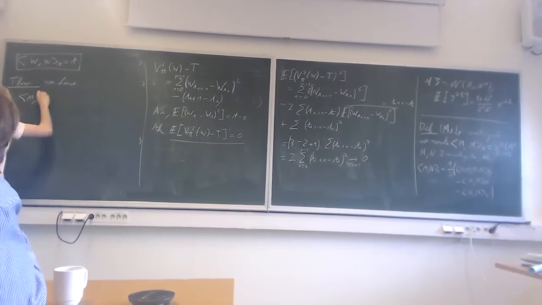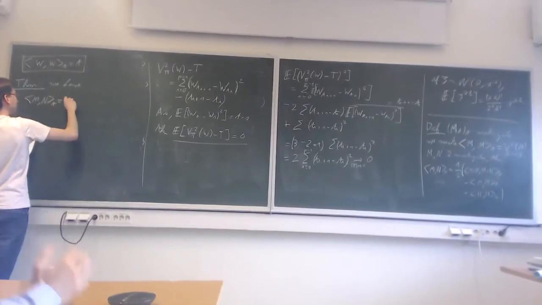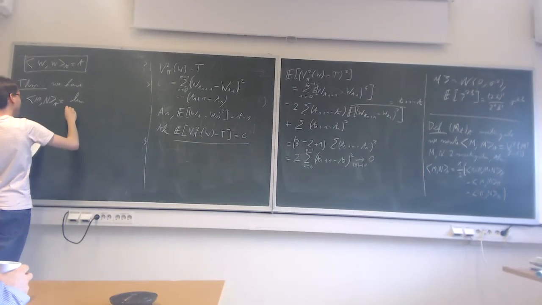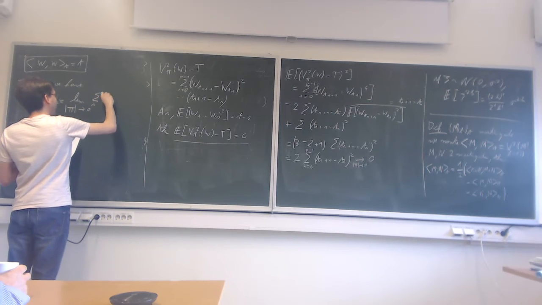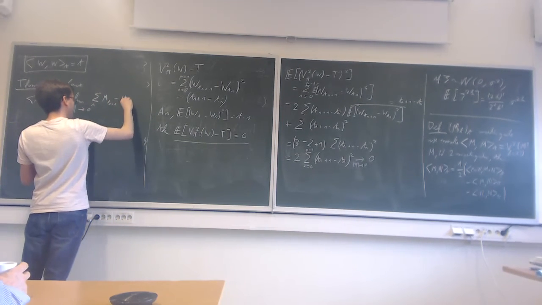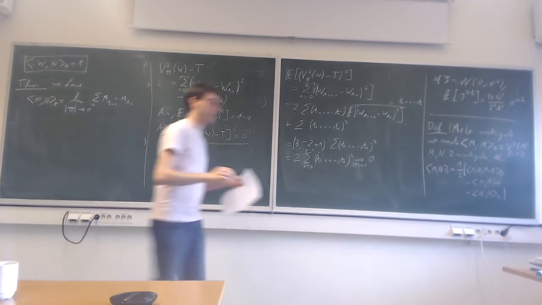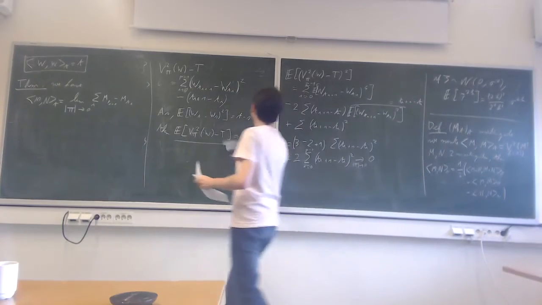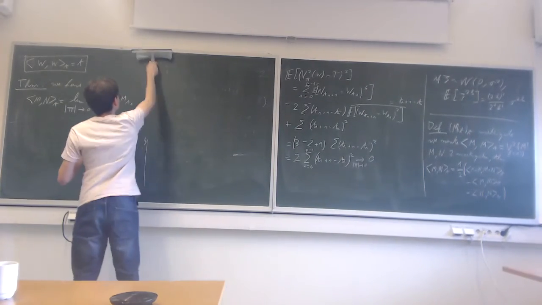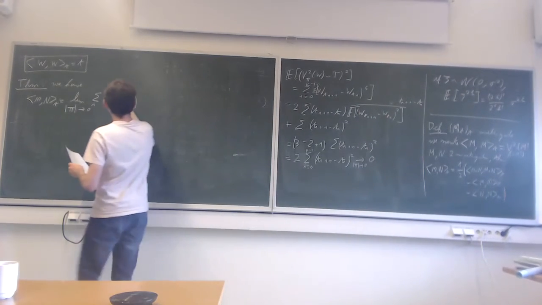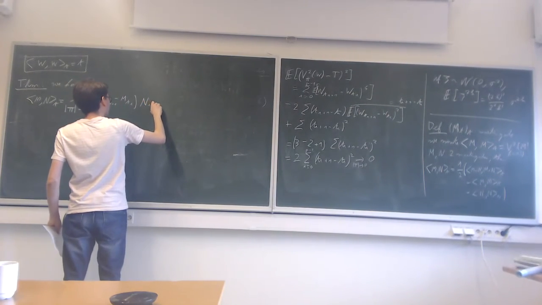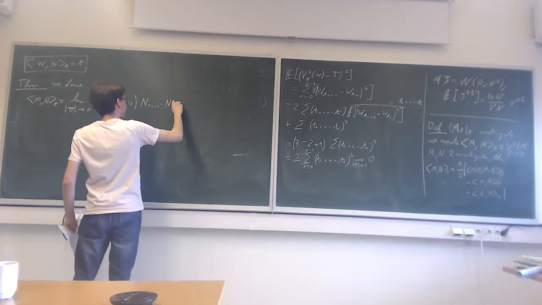So the bracket of n up to time t is equal to the limit, when the size of the partition goes to 0, of the sum over i of n at t_(i+1) minus n at t_i, multiplied by n at t_(i+1) minus n at t_i. I think this is important.